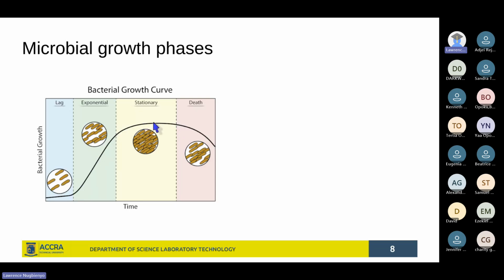So what I was saying is that if you want to make use of any microorganism in industry, you need to understand the growth pattern of that microorganism to know when it is going to reach a stationary phase. Because it is at this stationary phase that you can have your products being produced in optimum amounts.